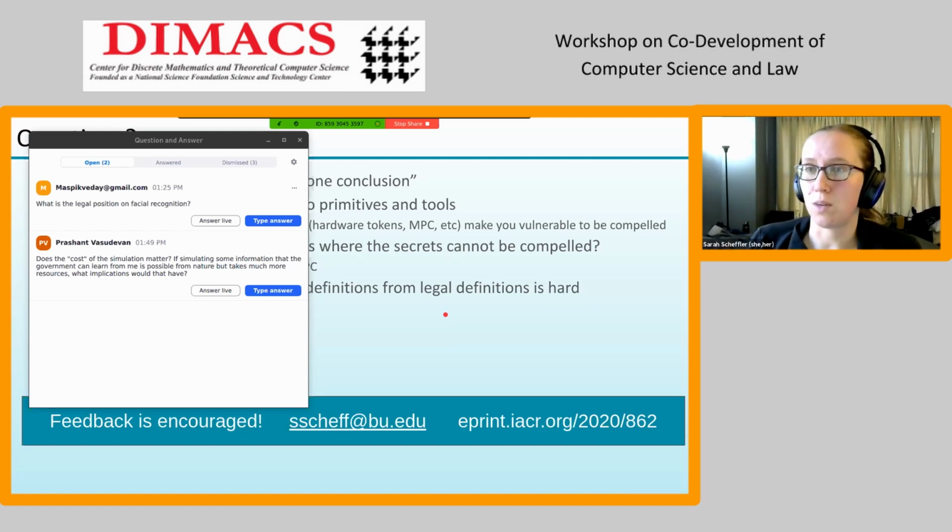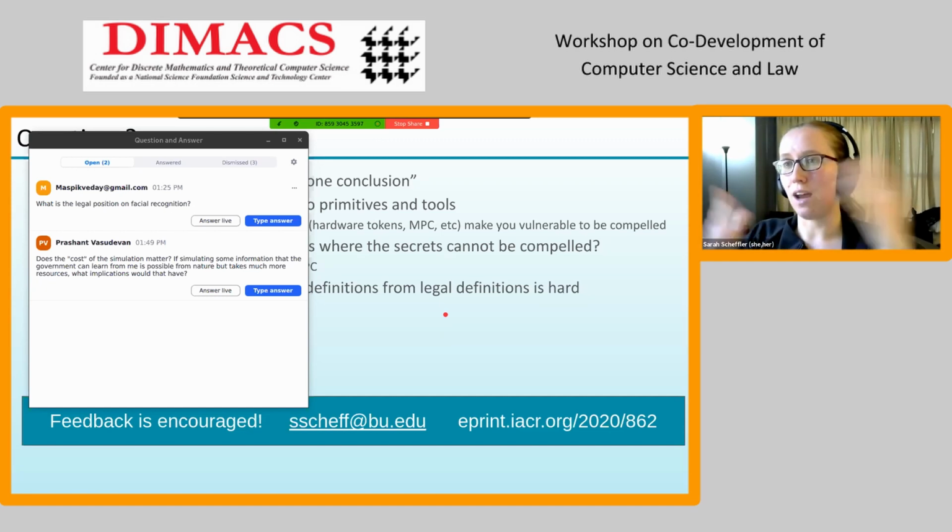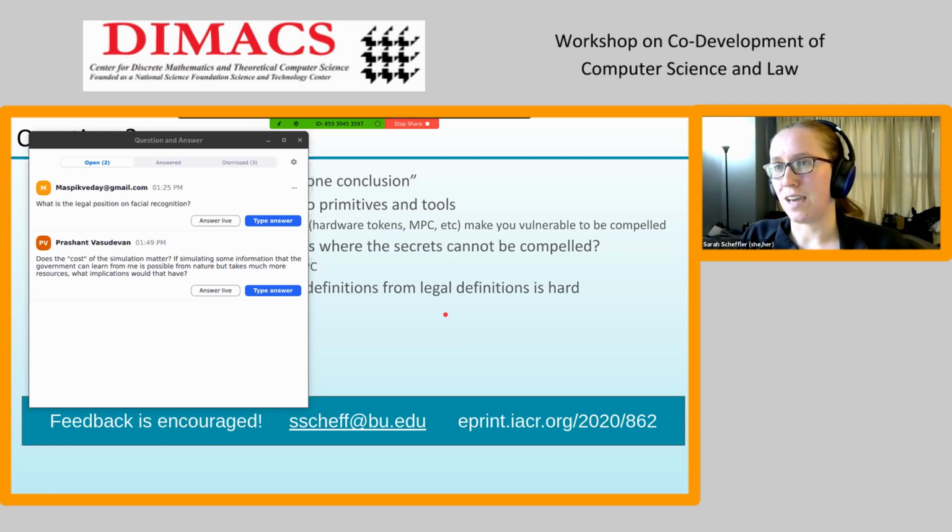The legal interpretation of the foregone conclusion doctrine right now is that something is a foregone conclusion if its existence, location, and authenticity are already known. And it's implied that these are the only implicit testimonial actions that could ever be leaked from an act of production. I want to argue that because the location prong is there, this nods to the idea of a bound on the government's power.